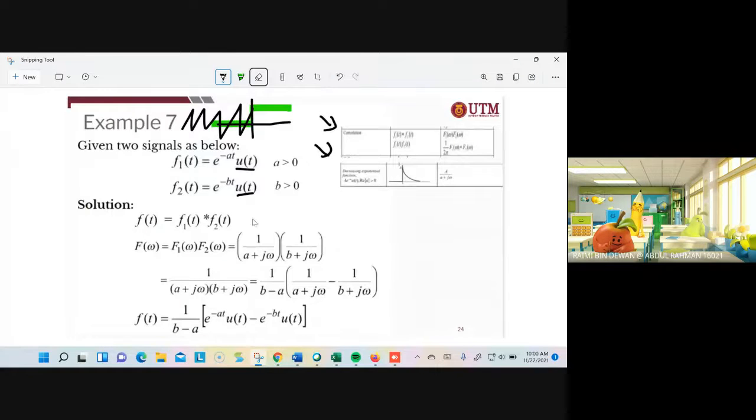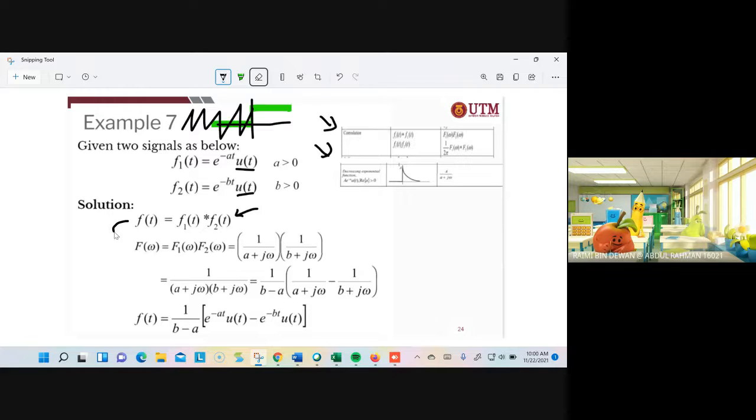Then you do the convolution. You will learn this during your group assignment, using MATLAB to perform convolution in the time domain. Don't worry about the frequency domain for now; later I will give the group task, then maybe you will understand.